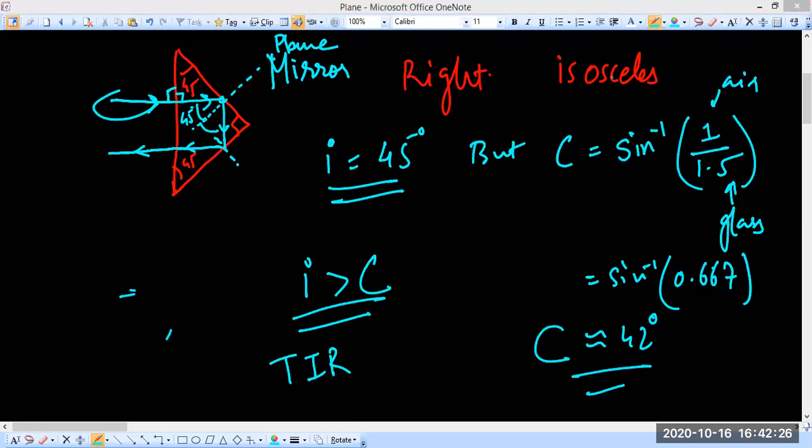Okay, right? Now there is one more kind of behavior possible where the light comes in from the shorter side, that is, it comes from here like this. Okay, so let's draw a diagram for that. Let's say it's like this.